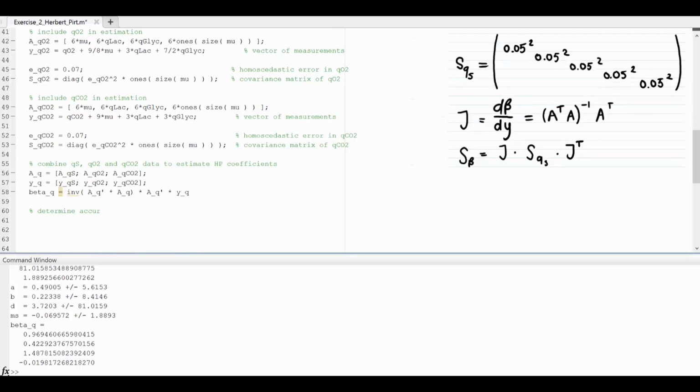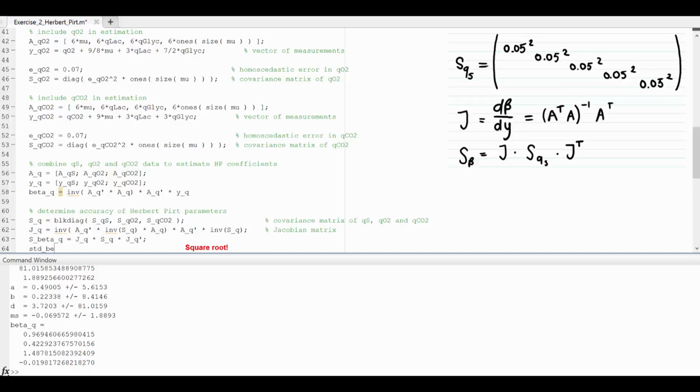Next we are interested in the accuracy of our estimation. Therefore we will stack the covariance matrices using the notation blkdiag. We define the Jacobian matrix and calculate the covariance of beta. The square root of the diagonal gives us the standard deviation of the Herbert Pirt parameters, taking into account substrate, oxygen and carbon dioxide measurements.